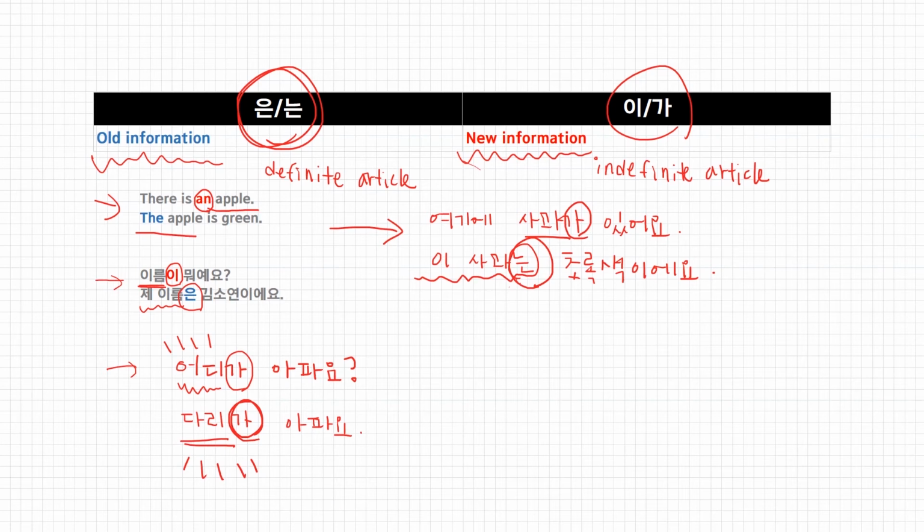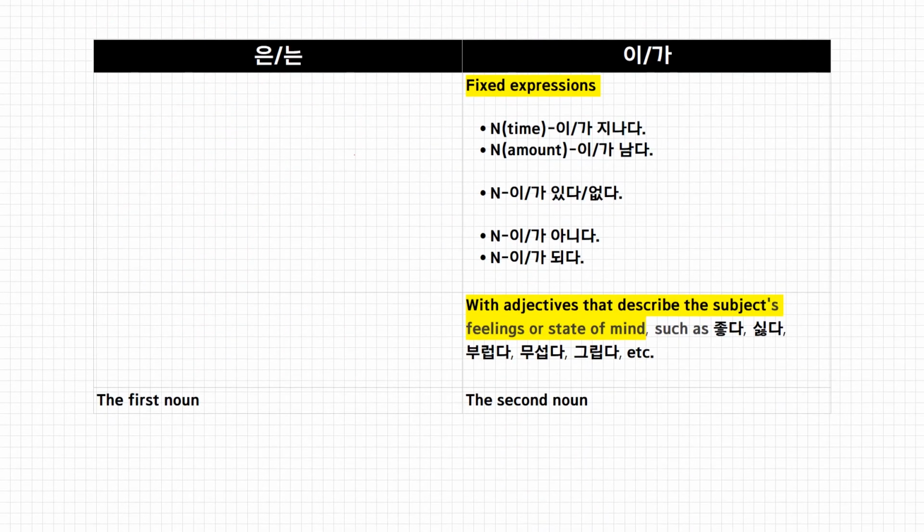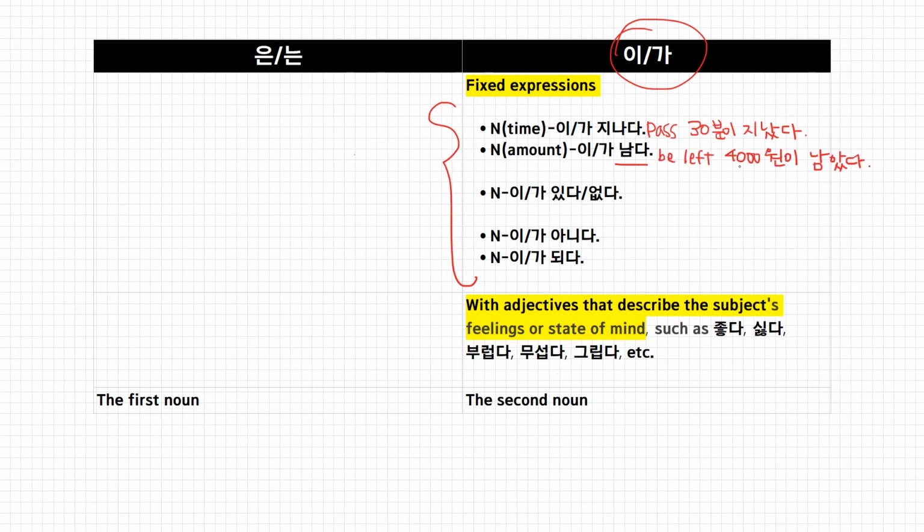And here comes the last part. 이가 is normally used with these verbs. 지나다, pass. 30분이 지났다. 30 minutes passed. 남다, be left. 4,000원이 남았다. 4,000 won left.